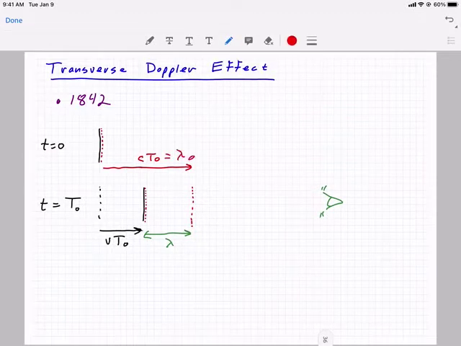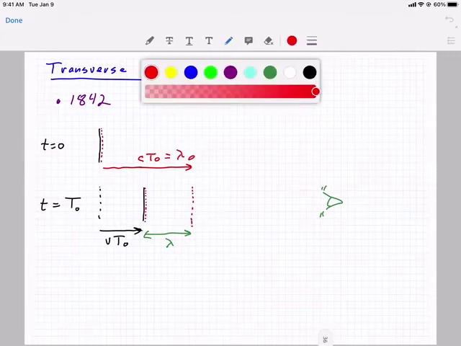So ct0, the speed of the wave times the period of the wave, is equal to the wavelength. And so we see definitely that lambda is less than lambda naught.